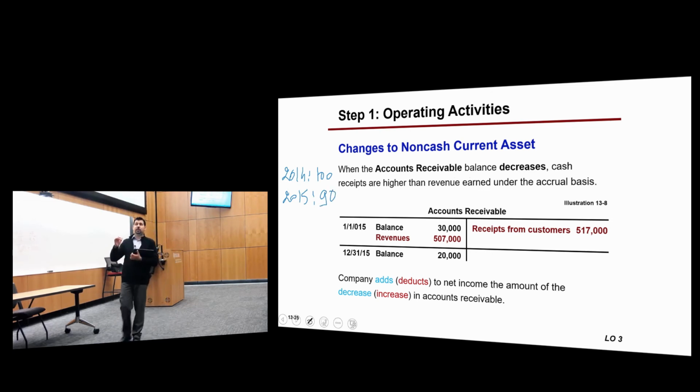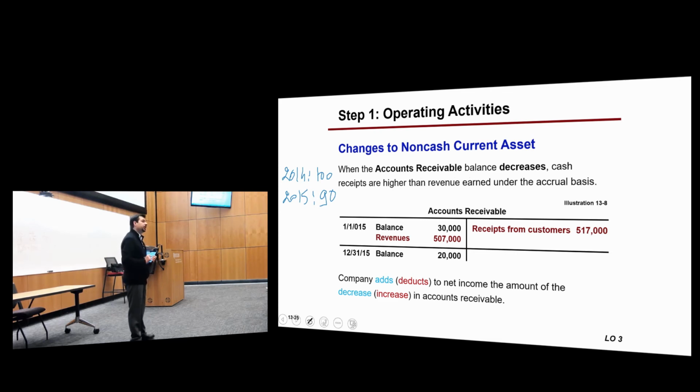Assume that during 2015, all the company's sales were in cash. What do you think of this one? Basically, the company collected $10,000 from their customers. The customers used to owe them 100,000. Now they owe them 90,000, right?